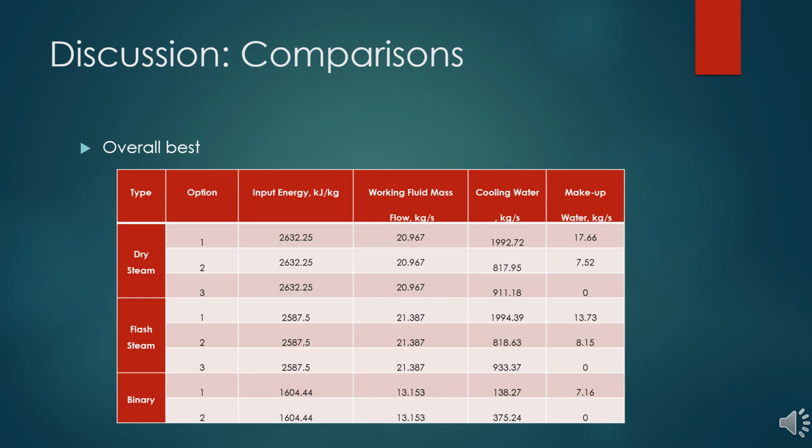And the various options are dependent on whether or not there is a large reservoir of water nearby to cool the fluid entering the condenser. However, from the information in this table, as well as the table in the analysis section, it can be seen that the binary system outperforms the rest.